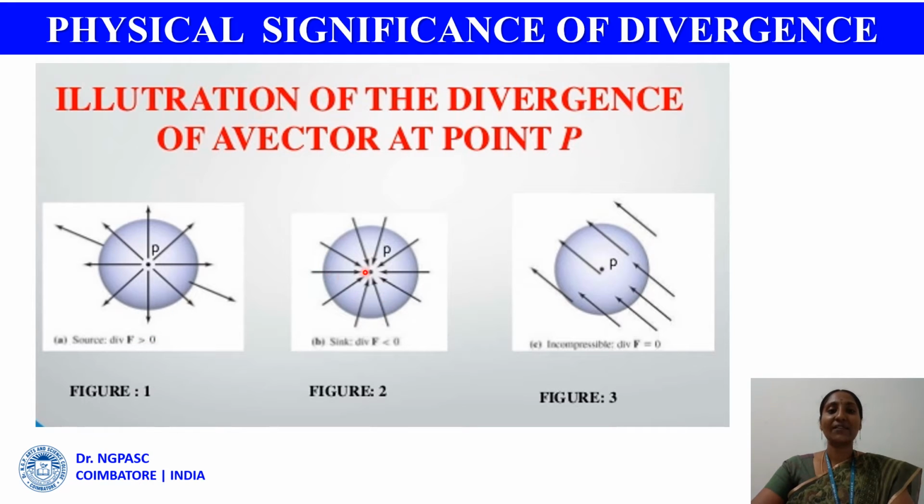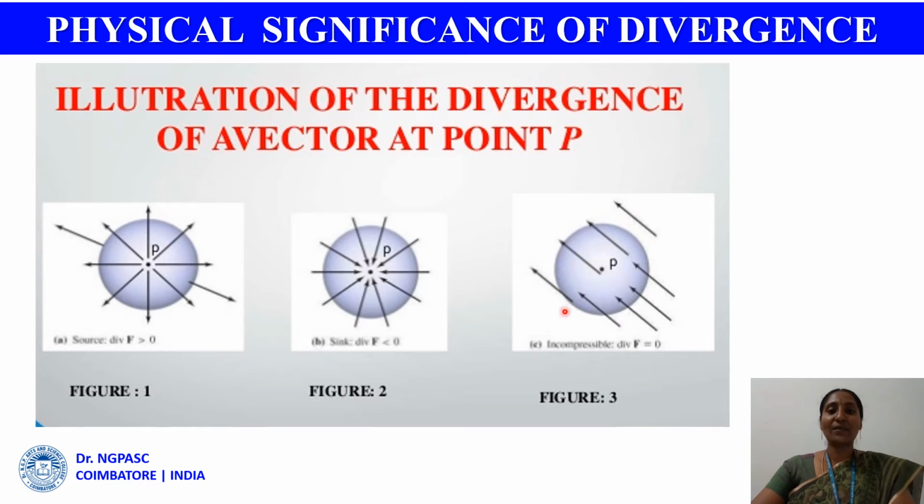If the divergence of a vector field at a point is negative, that means div A is negative, the flux entering the surface is more than the flux coming out through the surface. In other words, we call it a sink of the vector field.